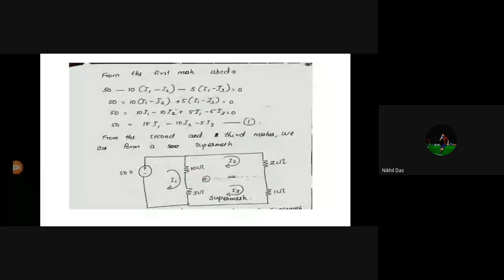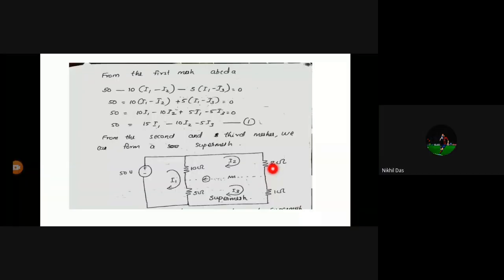Similarly, when you are considering this super mesh, if we are taking the 5 ohm resistance, then the current flowing through this 5 ohm resistor will be the difference between I3 and I1, because I3 is flowing upwards and I1 is flowing downwards.